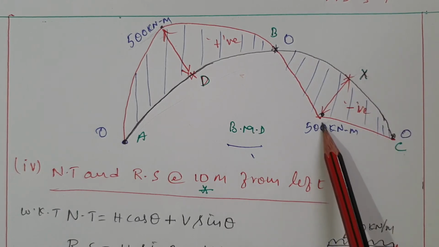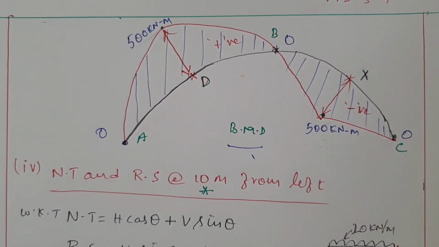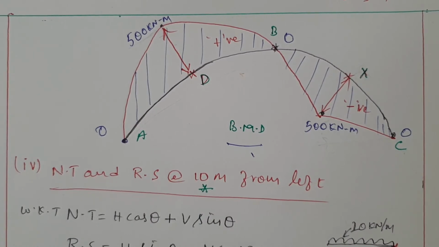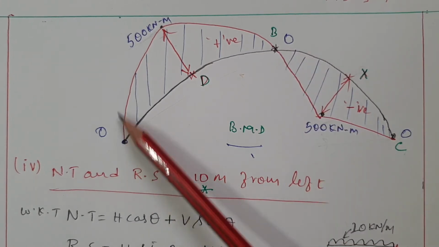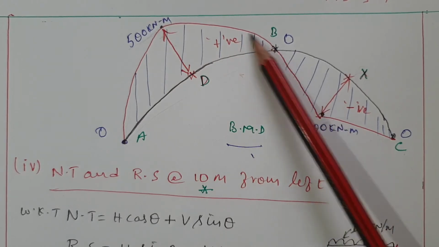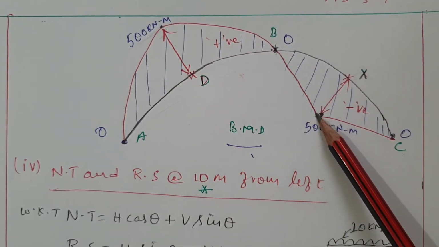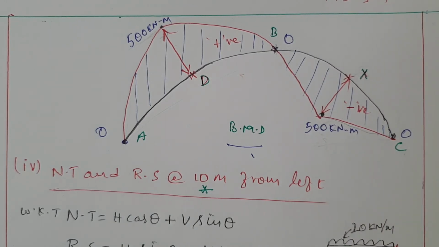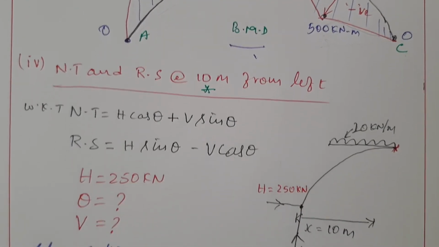This X distance here to here we identified as 10 meter. If you have doubt, just go back. We know at A, B as well as C it will be 0, and it is UDL here, so it will be a curve. Here to here there is no load, so it will be an inclined straight line. Clear?